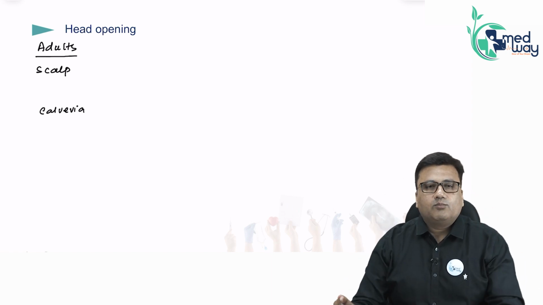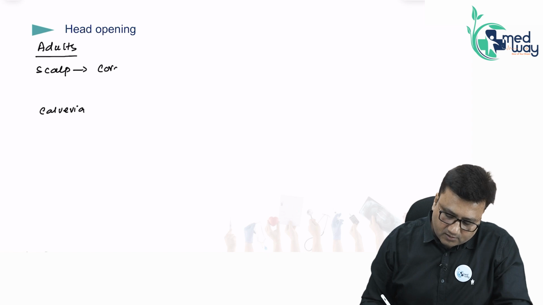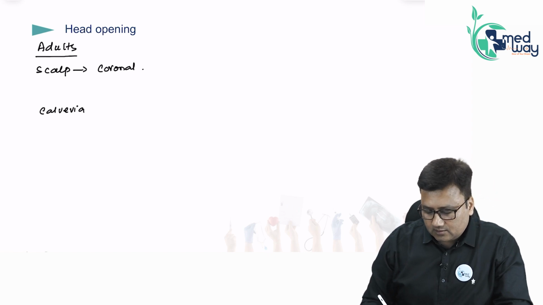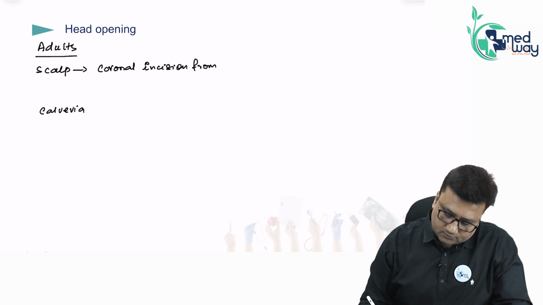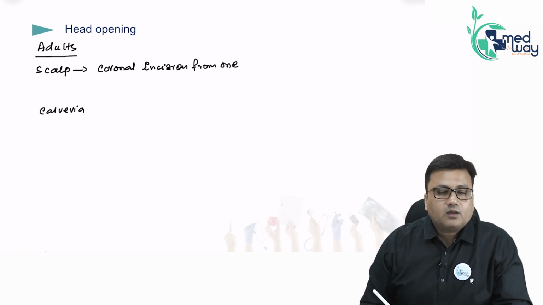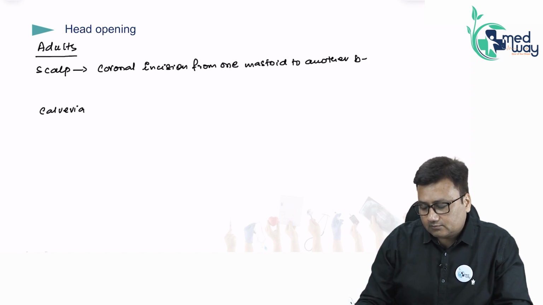That is the bone. So, scalp is opened by giving a coronal incision from one mastoid to another behind the ear.